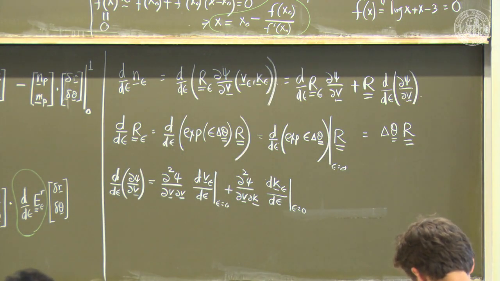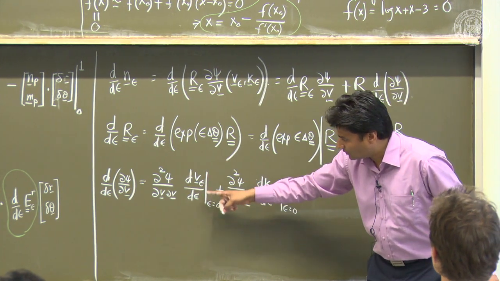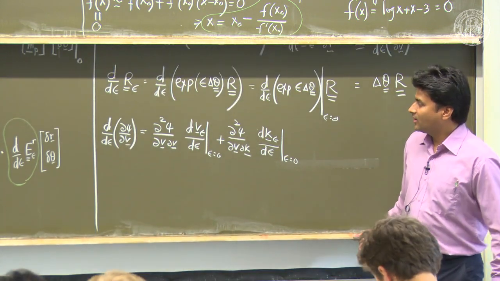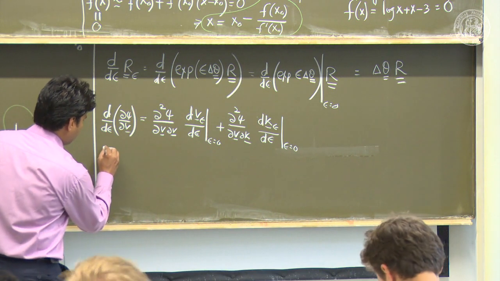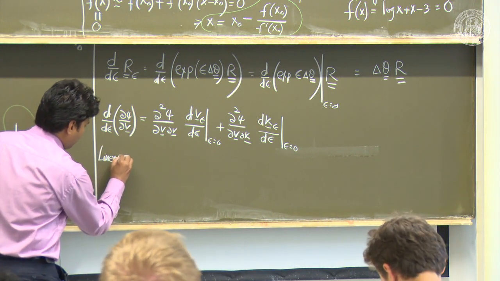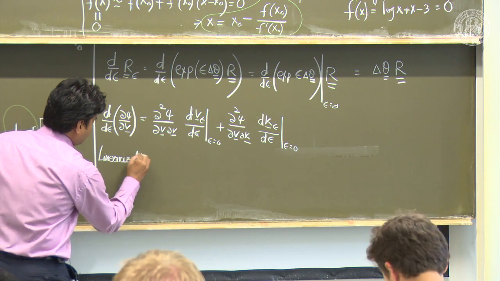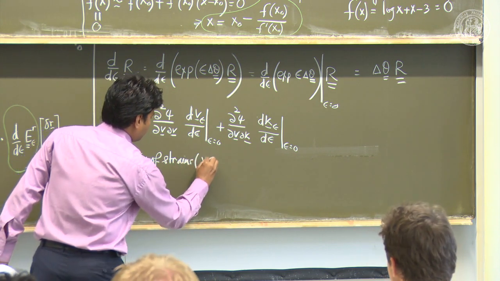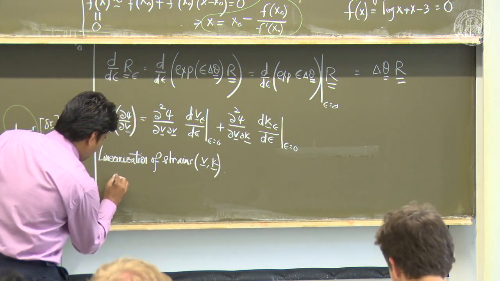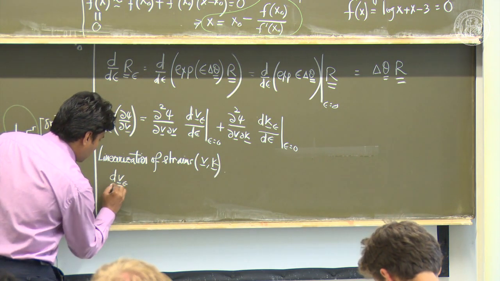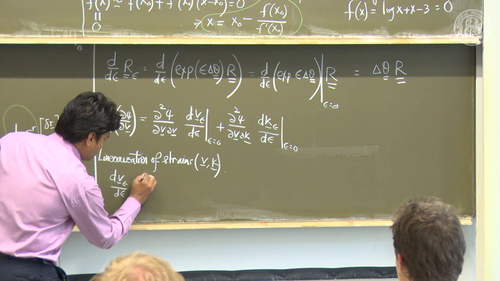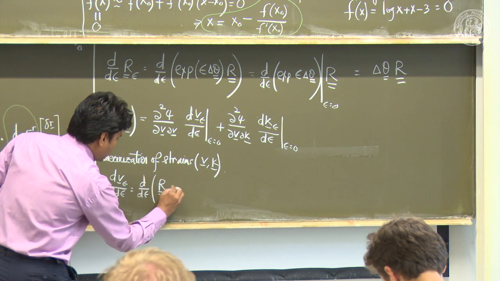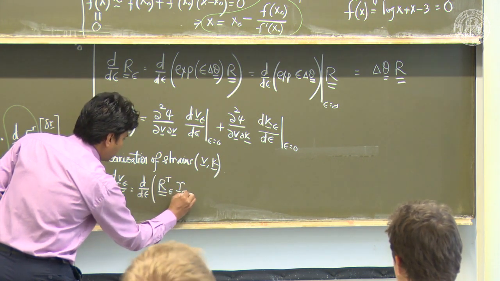Now, do you guys remember we had also worked out the linearization of the strains v and k that day. So, linearization of strains. dv epsilon by d epsilon, which is nothing but d by d epsilon of big R epsilon transpose into little r epsilon prime.